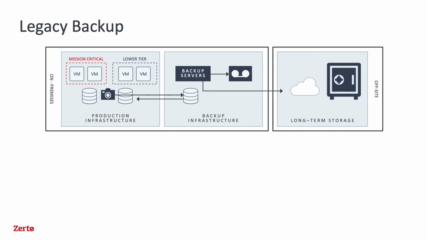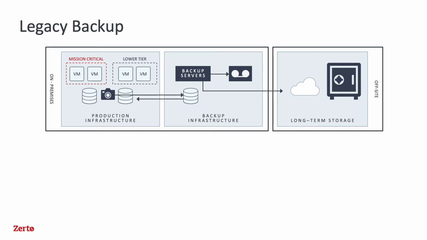And then you have to deal with some long-term storage, whether that's a cloud archive or even dealing with backup tape and disk. And that's usually done off-site because you want to be able to fulfill your 3-2-1 rule.